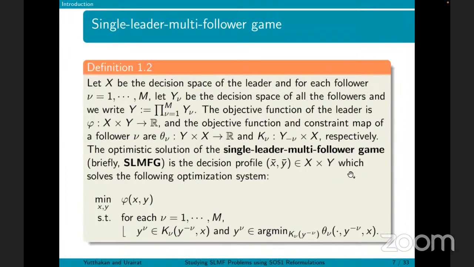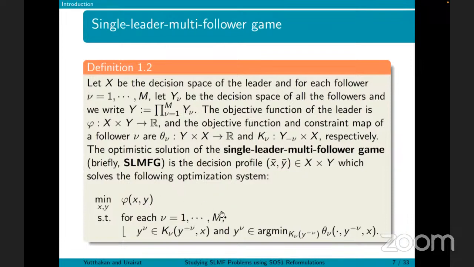From single leader multi-follower games, the leader tries to minimize cost functions by choosing, assuming that the followers are in his favor. Will the follower respond optimally with Y in the sense of Nash equilibrium to the leader's decisions? We define Definition 1.2.